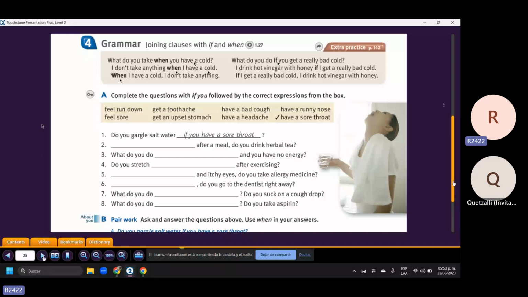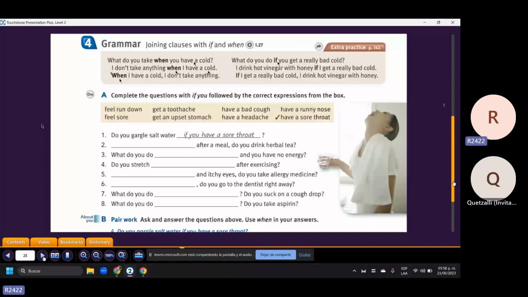Another example could be: if you drink cold water, you can get a cold, right? If you drink cold water, you can get a cold.